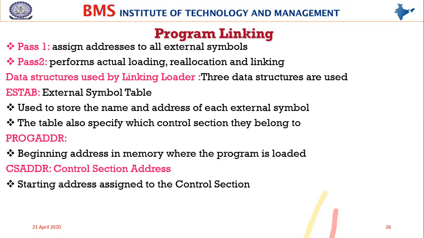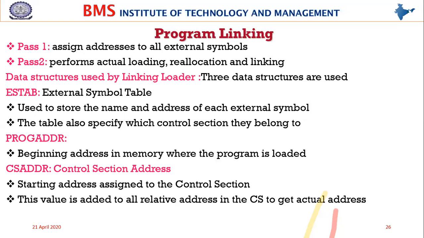Usually, the first control section and the program address will be the same because it is loaded starting from the beginning address of your load address. But that may not be the same for the next control section. For consecutive control sections, it will be the next address after the previous control section. Fine. The value is added to all relative addresses in the control section to get the actual address.